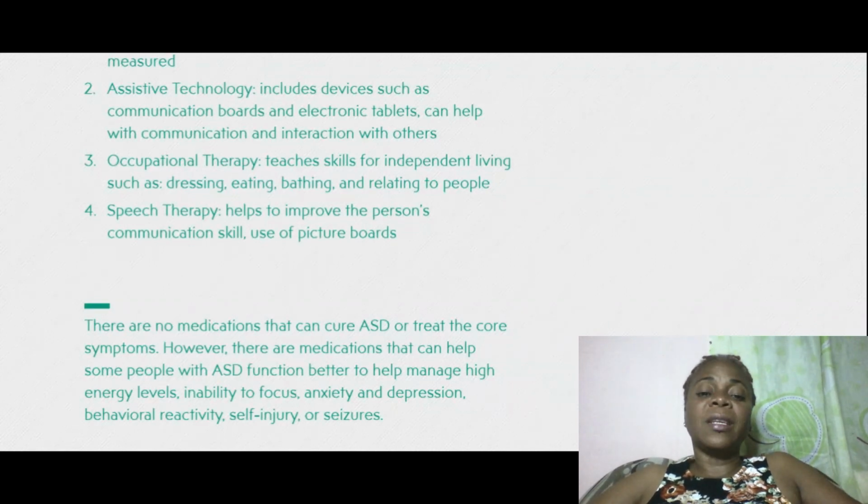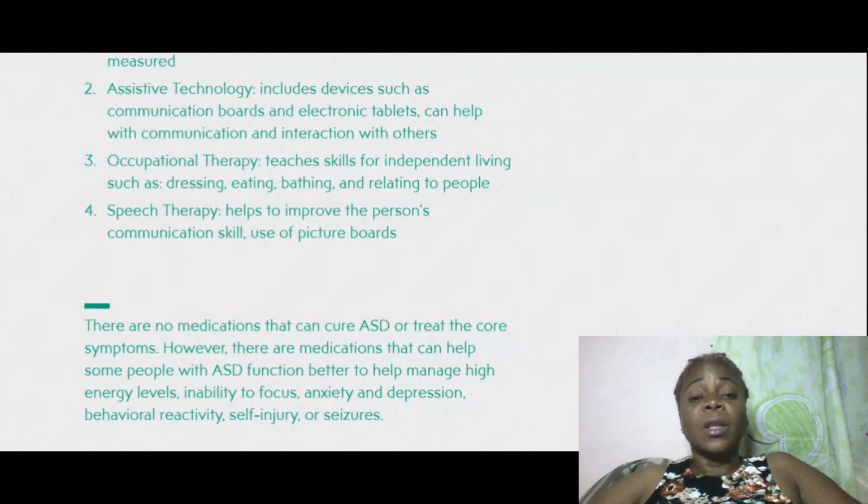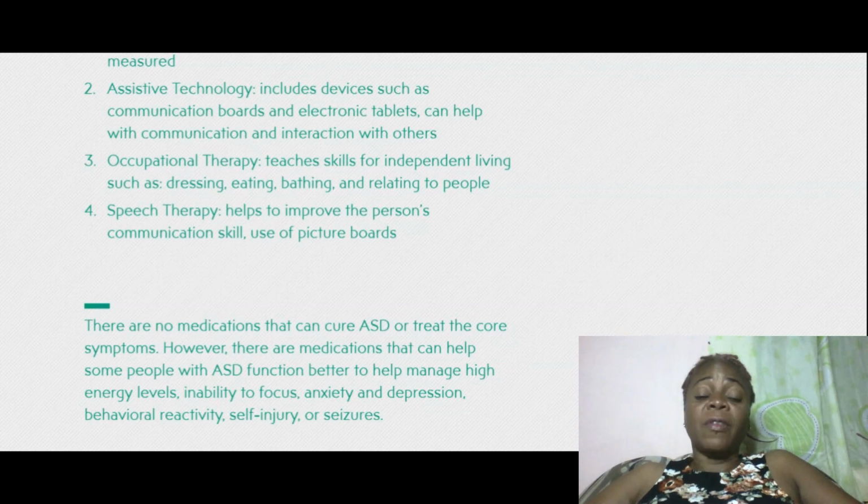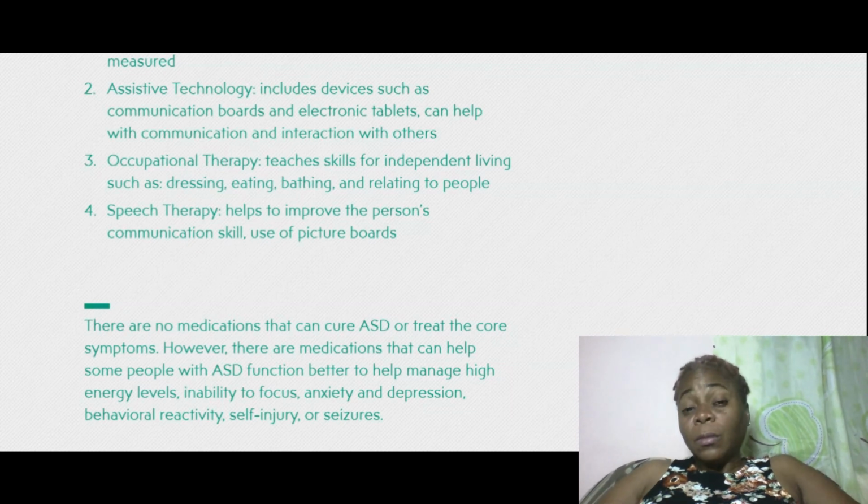There are medications that can be given to a child or a person diagnosed with ASD to help them manage those kinds of behaviors, like the energy levels, the anxiety and depression, and self-injurious behavior and seizures.